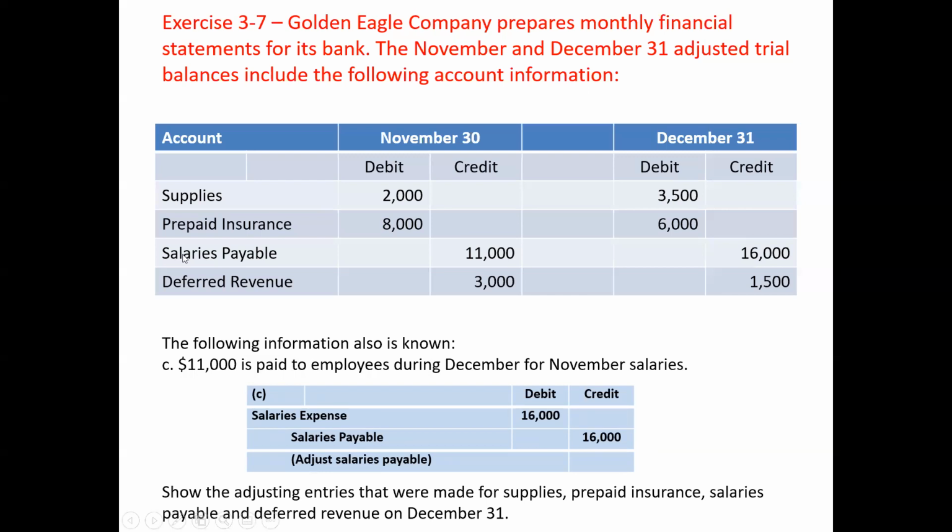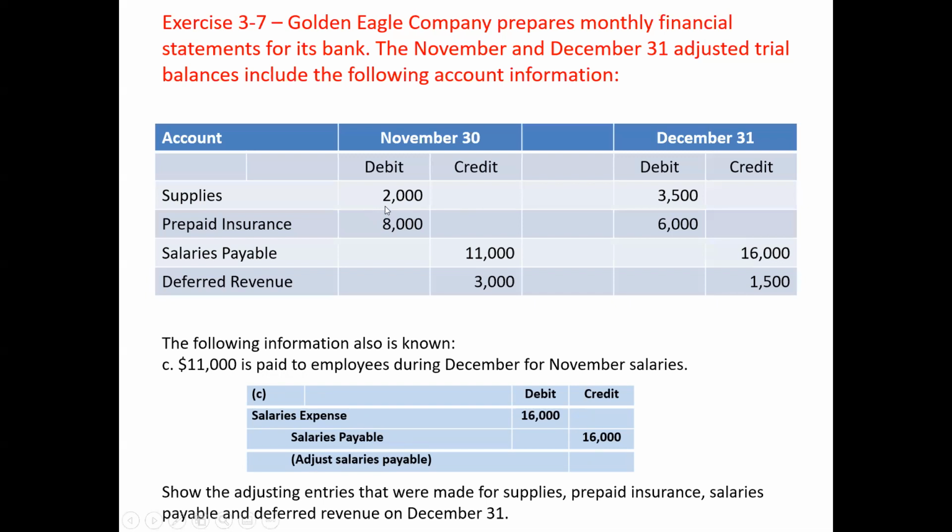At the end of the period, say the last 2 weeks, what probably happened was they debited salaries expense and credited salaries payable. Salaries were incurred, but were not paid yet.